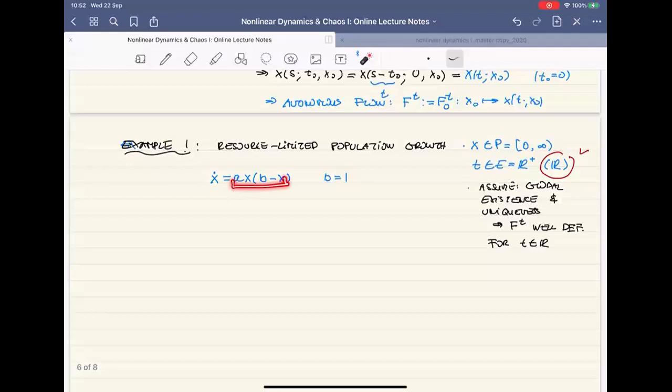So if you excuse me, I replace that now with this, although I haven't formally stated it: the right-hand side, which is f of x here, is actually C1, C infinity, but certainly smooth, as smooth as you want. So the global existence and uniqueness you have, and the flow map is well defined.